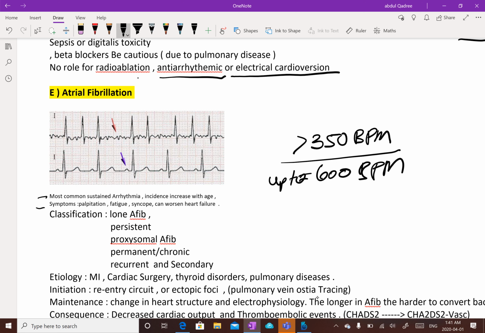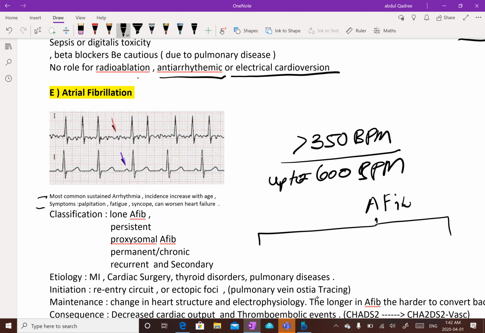Symptoms are usually the same: palpitations, fatigue, syncope. It can worsen heart failure. Patients who have congestive heart failure can be worsened by the atrial fibrillation. So now let's say we have AFib. Let's classify them quickly. I'll just quickly draw this for you guys.